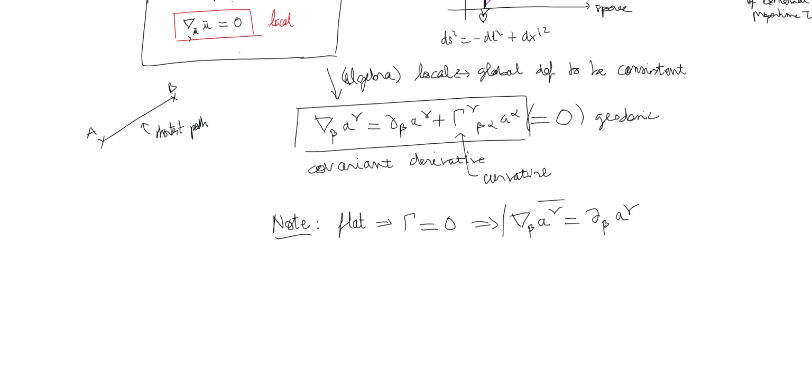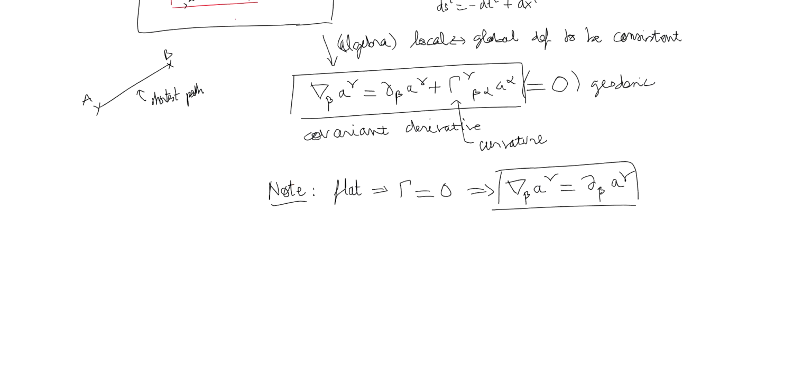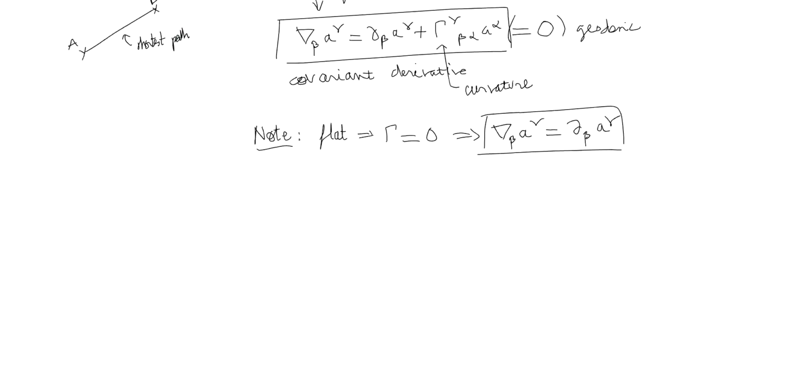The partial derivative of a vector field, and a vector field you can think about as the wind map of a weather forecast. They are vector fields because at each point on the map they attribute a vector. This is a vector field.